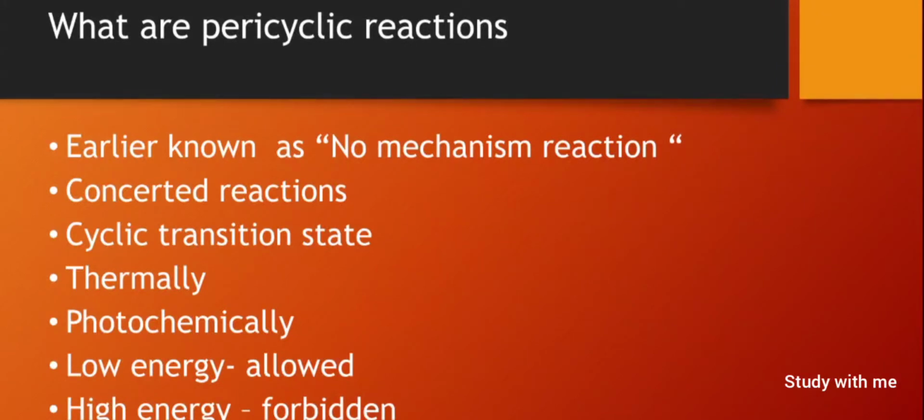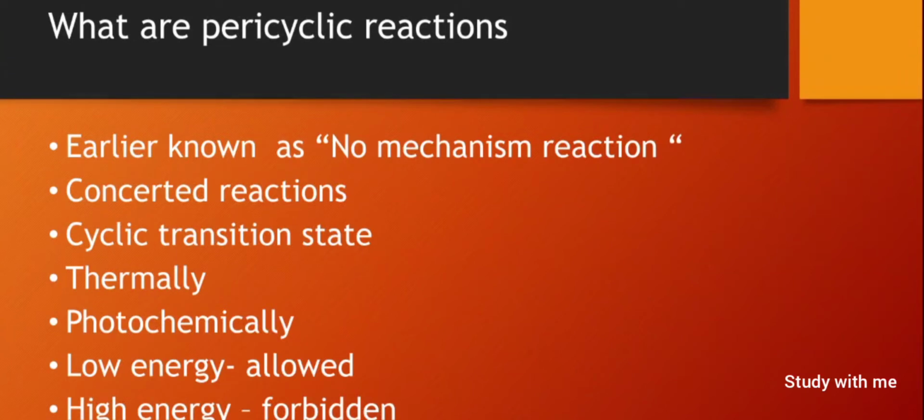That is, it is customary to categorize pericyclic reactions as allowed or forbidden with reference to the energies of concerned cyclic transition states and the relative ease with which the reaction takes place. If under the condition chosen a reaction has a low energy transition state, it becomes allowed. If it has a very high energy transition state, it becomes forbidden.